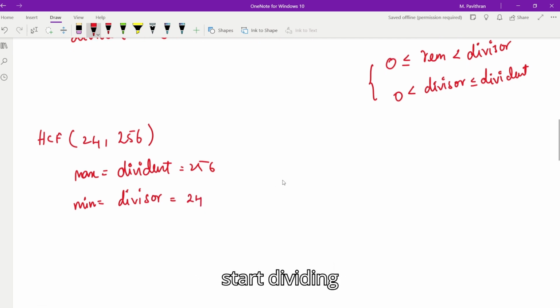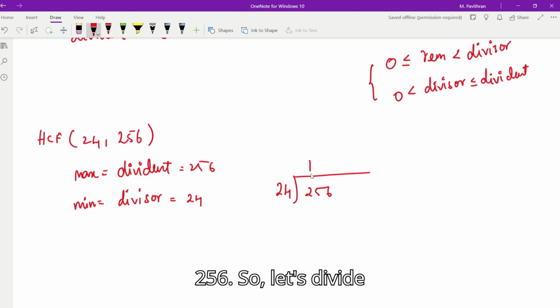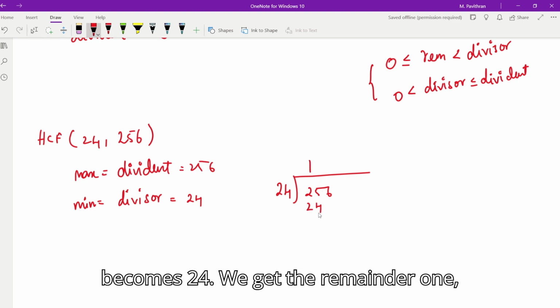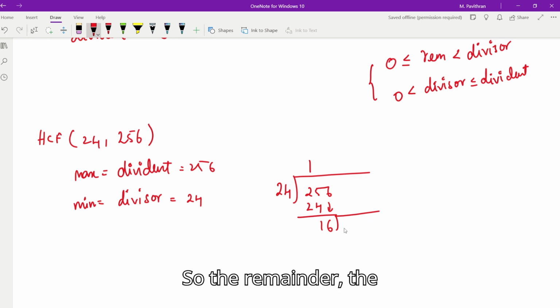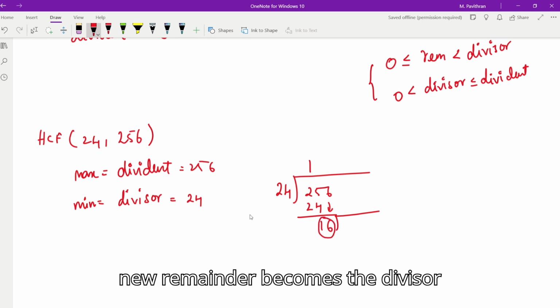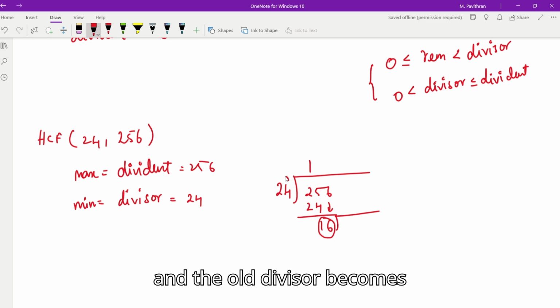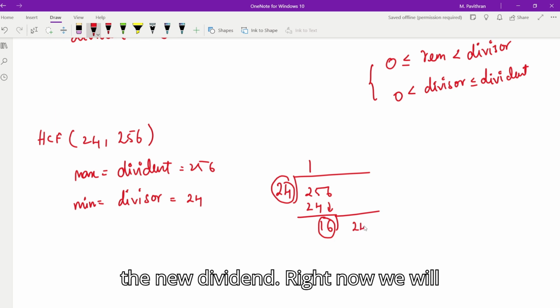Let's start dividing. 256 divided by 24, we get the remainder 16. Now 16 is not divisible by 24, so the new remainder becomes the divisor and the old divisor becomes the new dividend, right?